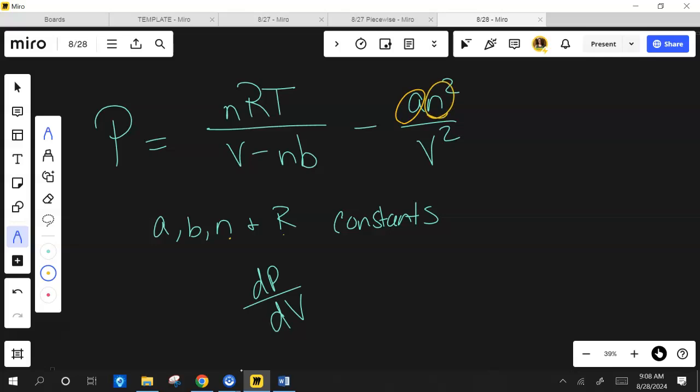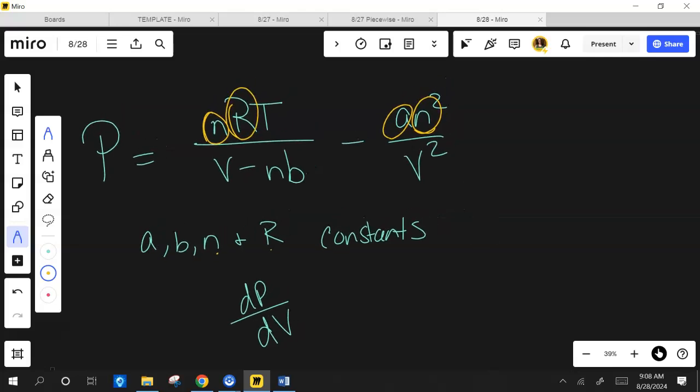Constant, constant, constant, constant. It said constant temperature. N and B, all of those are constants. But it said in the beginning of the problem, at a constant temperature T. So T has to be a constant. It's defined in the first part of the problem.